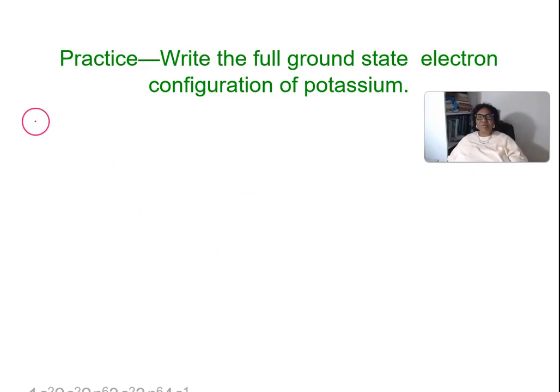The atomic number of potassium, I have it as 19. It means it has 19 electrons. So based on our diagram, how do we fill the electrons? We have to fill and count.